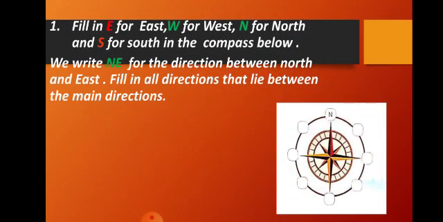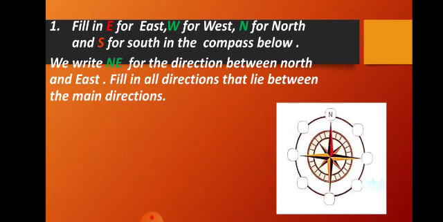Let's start. Question number 1. Fill in E for east, W for west, N for north, S for south in the compass below. We write NE for the direction between north and east. Fill in all directions that lie between the main directions.